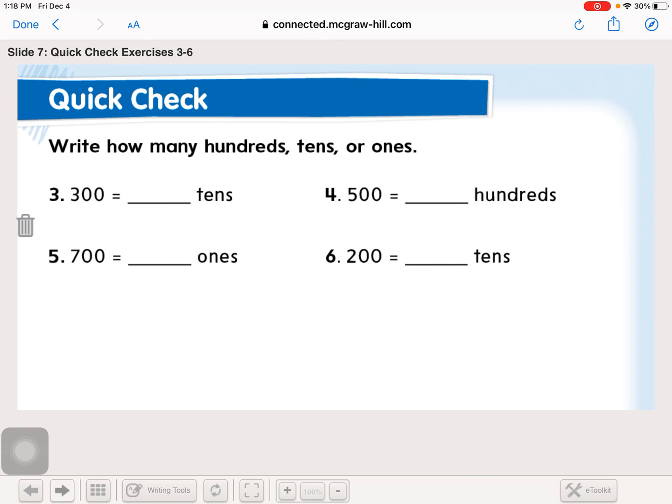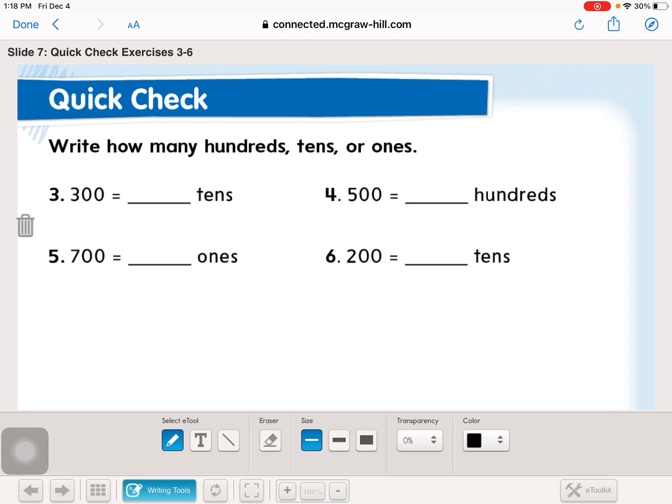So how many tens in 300? We would have 30 tens, make 300. 500s, 700 ones, and 20 tens.